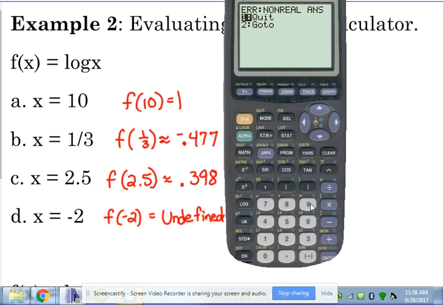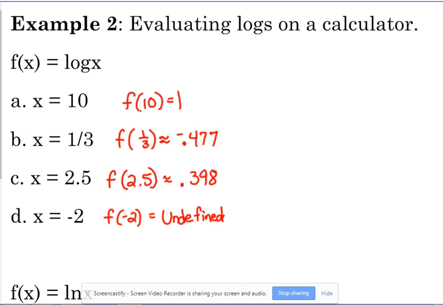We cannot raise 10 to a power and get -2, because raising 10 to a power means we multiply 10 by itself a certain number of times. There's no way to take a positive number, multiply it by itself any number of times, and wind up with a negative number. That is why you cannot take the log of any negative number.